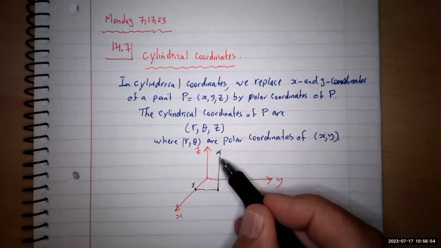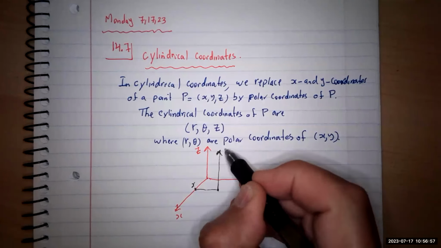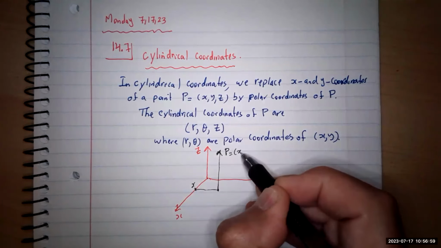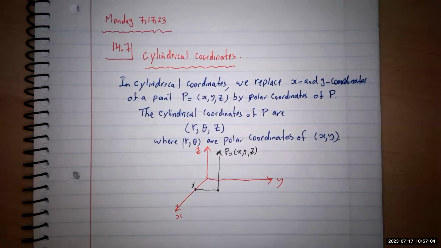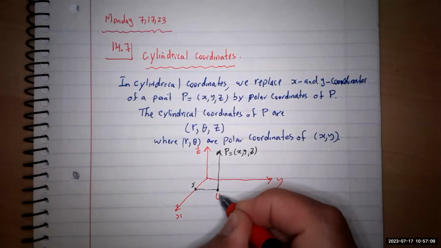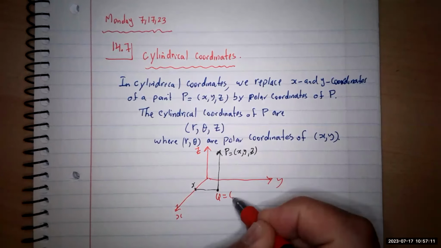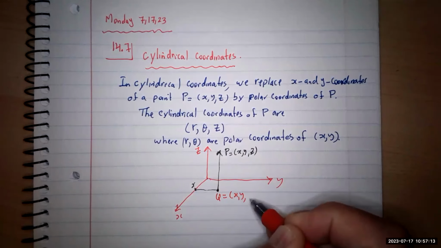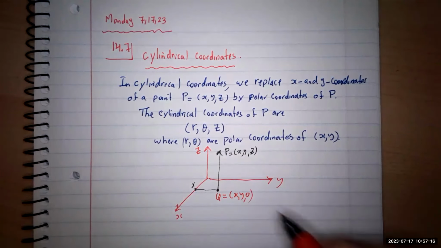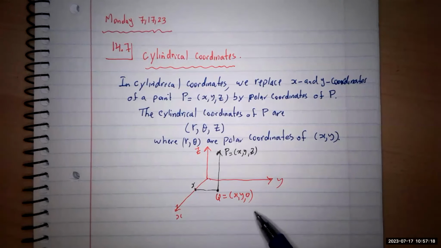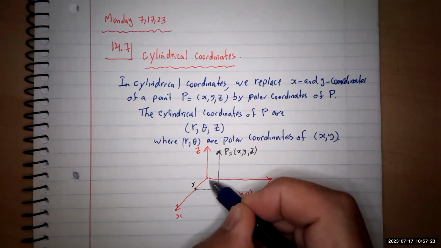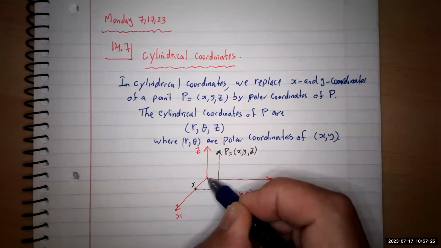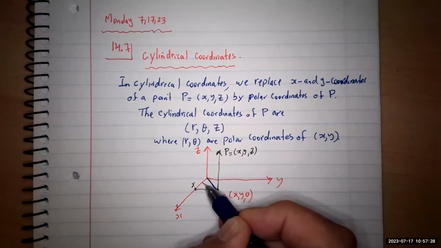This is going to be the point x, y, z. Now, this point, for example, is going to be the point Q. In two dimensions, this is x, y, and 0. So what we do is change this one into polar coordinates. For the polar coordinates, you are going to get something like this, and this is going to be your theta.